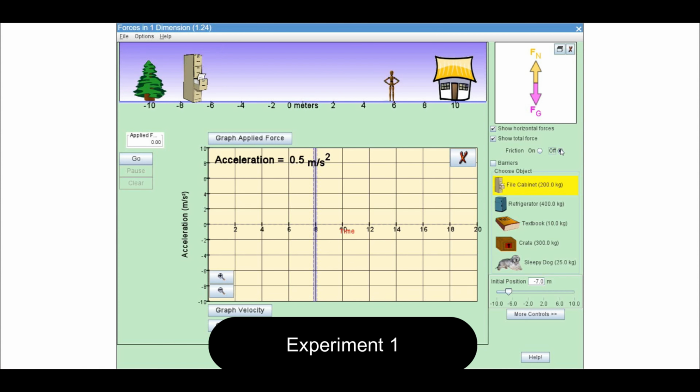In experiment 1, we want to see the relationship between the force and the acceleration. File cabinet is chosen because the mass of the object is 200 kg and the mass is kept constant. Next, the value of force is set to 100 Newton and start the simulation.